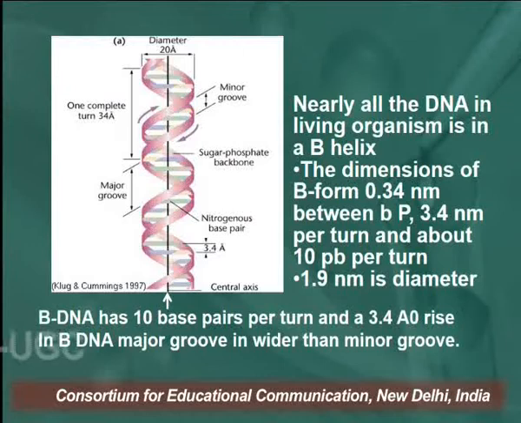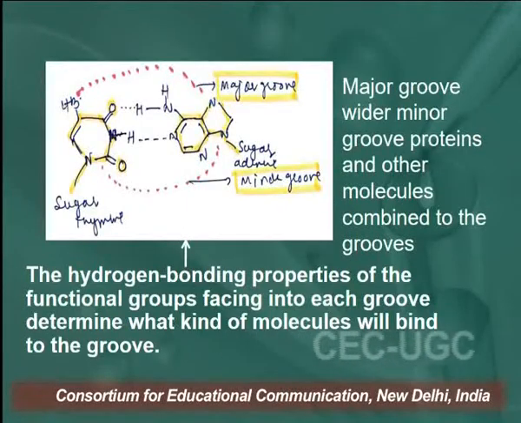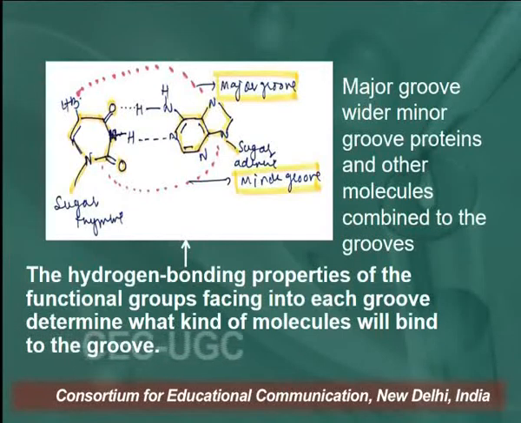So B DNA has 10 base pairs per turn and a 3.4 angstrom rise. The major groove is wider than the minor groove. On your screen you can see how I have represented the major and minor grooves.